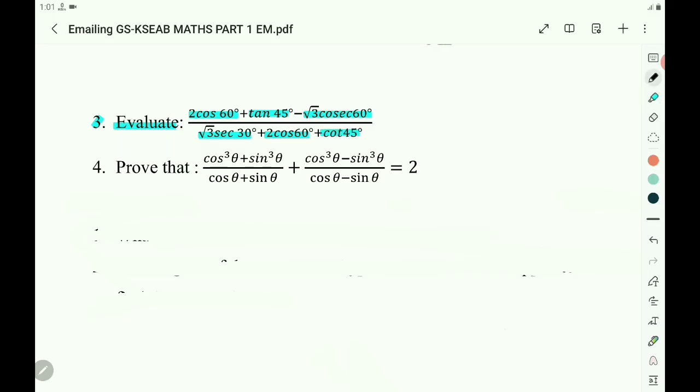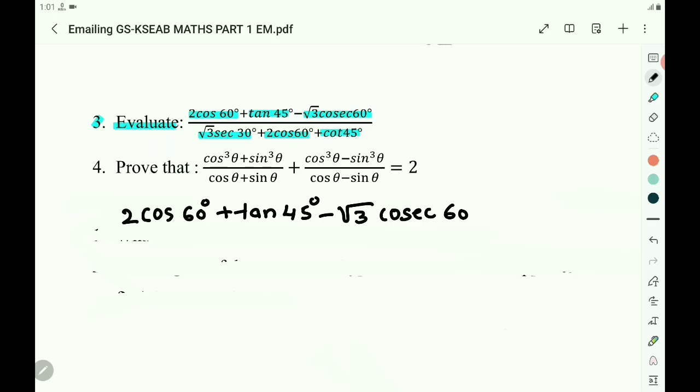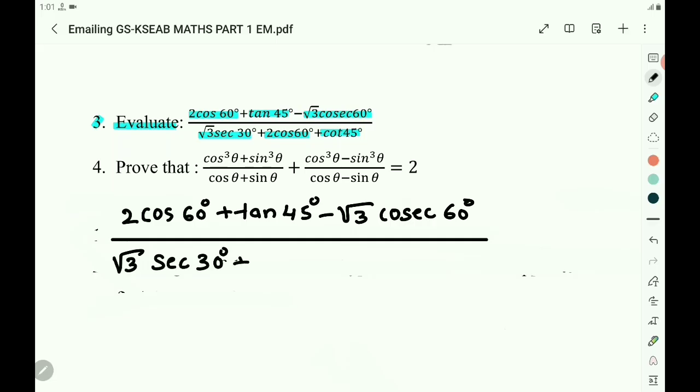Now you write 2 cos 60 degree plus tan 45 degree minus root 3 cosec 60 degree by root 3 secant 30 degree plus 2 cos 60 degree plus cot 45 degree.